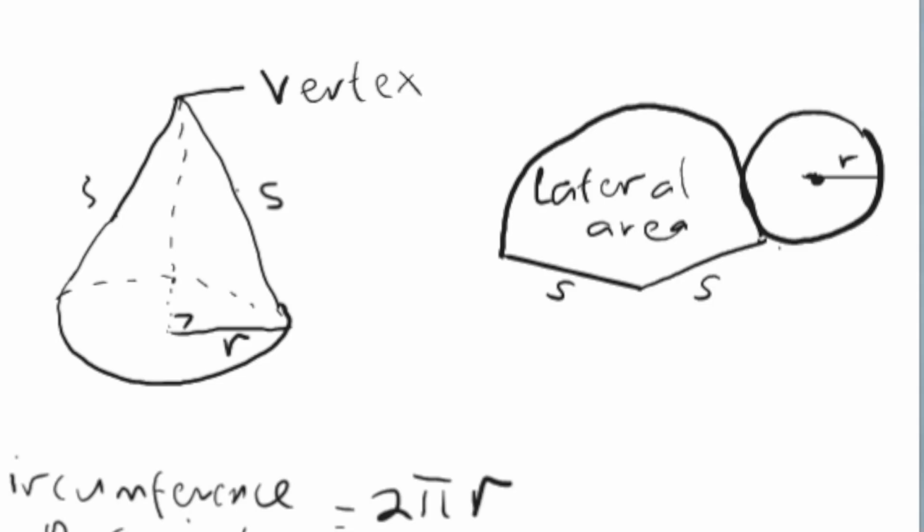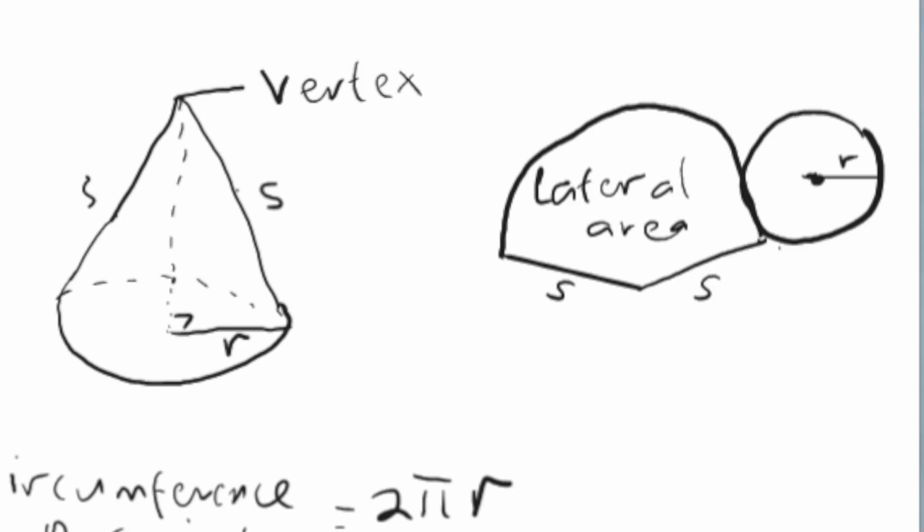Now, looking at the lateral area of the net, we can construct a large circle using the vertex of the cone as the center and the slant height of the cone as the radius. That is what we can get, as you could see over there.